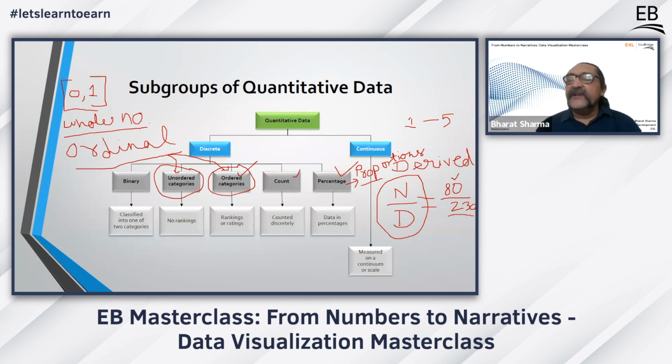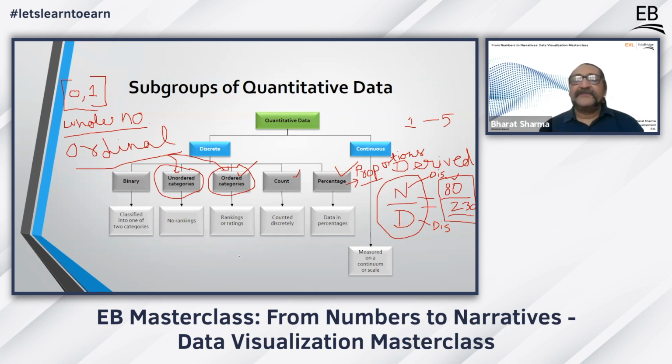So when you have a numerator which is discrete and a denominator which is also discrete, the outcome becomes discrete. This proportion becomes discrete. But if either your numerator or denominator is continuous in nature, then the outcome becomes continuous.